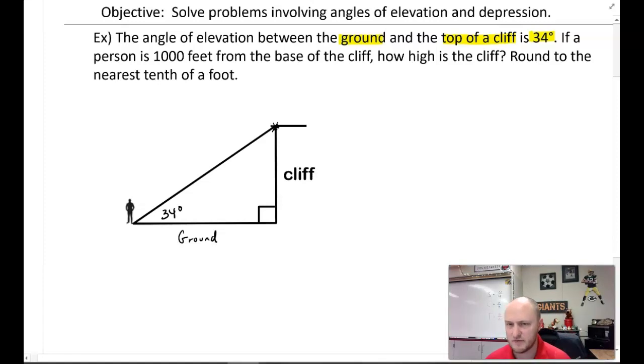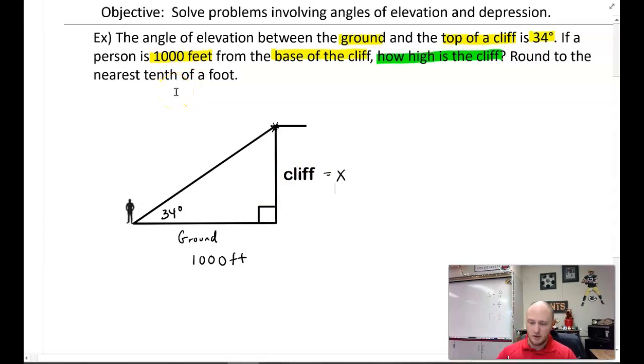Then they say if a person is 1,000 feet from the base of the cliff, how high is the cliff? So this distance is 1,000 feet, and we want to know how high is the cliff. Round to the nearest tenth of a foot.